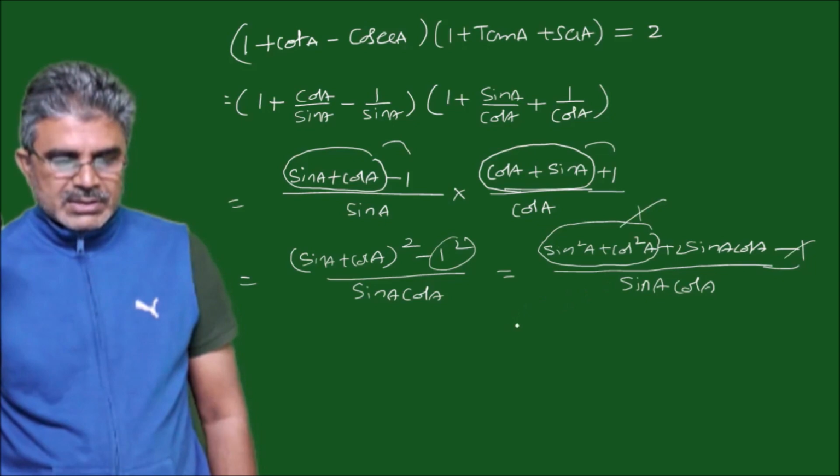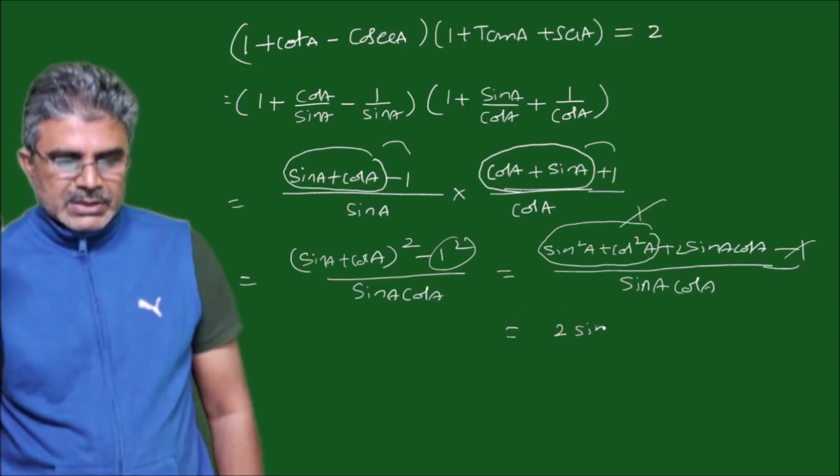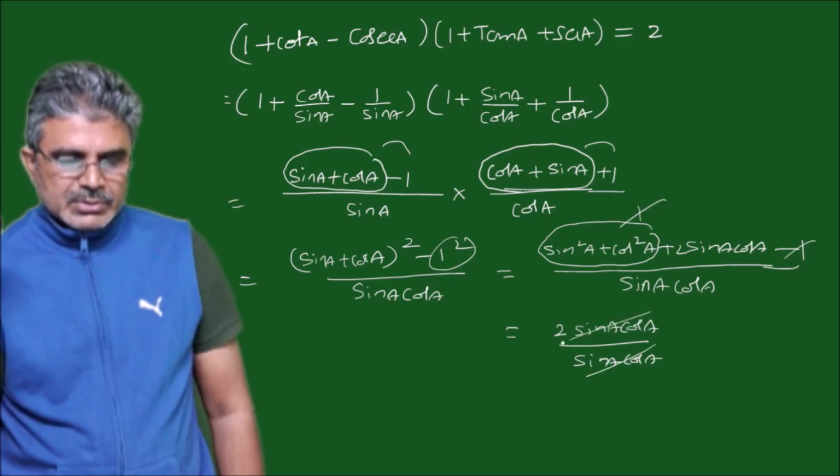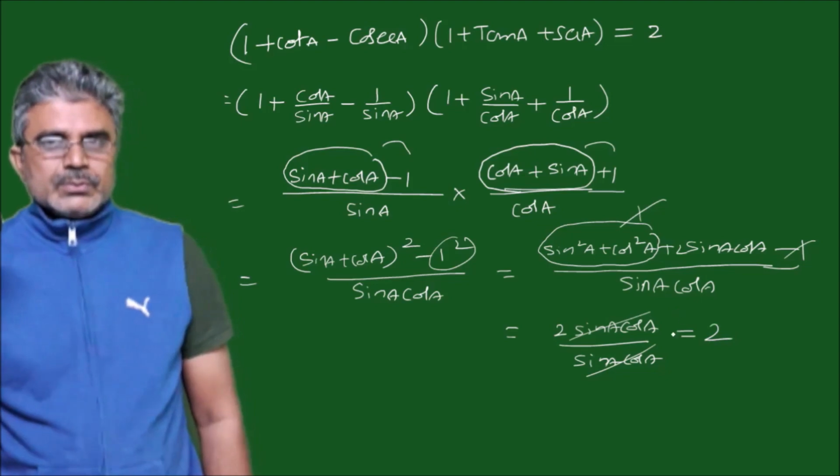So these two get cancelled. The remaining thing is 2 sin A cos A divided by sin A cos A, and these two also get cancelled, so the remaining thing is 2.